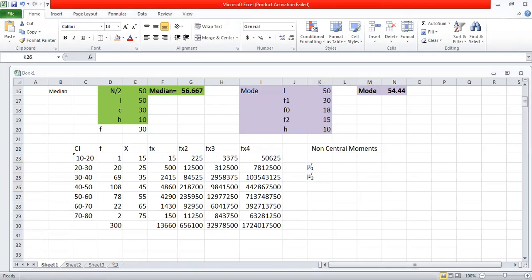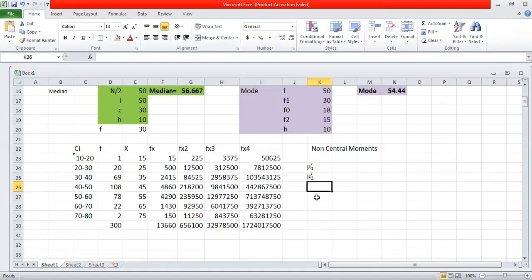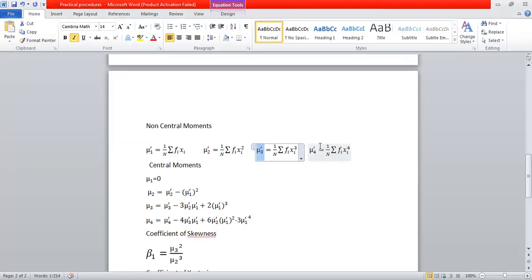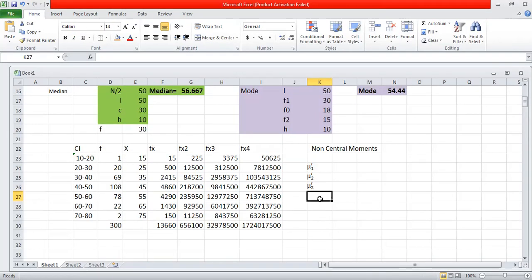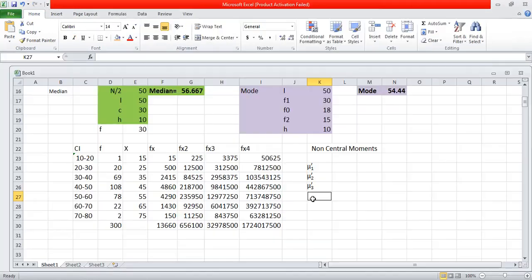Next to mu3 dash. And the last one is mu4 dash. So now what is the formula for mu1 dash, mu2 dash, mu3 dash, and mu4 dash?